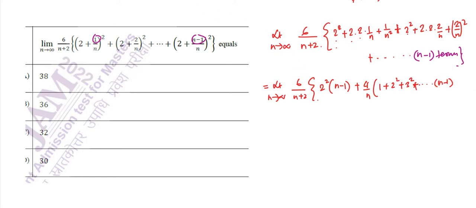No, I'm sorry, this would not be square, this would be linear. And then you have 1 by n square plus 2 by n whole square, that means 2 square by n square, up to n minus 1 square by n square.